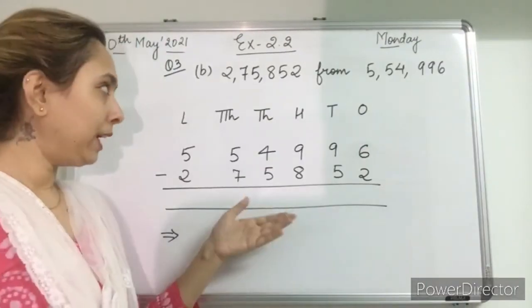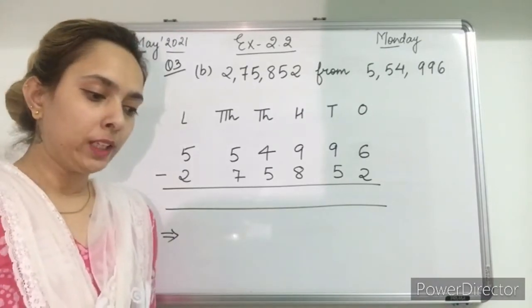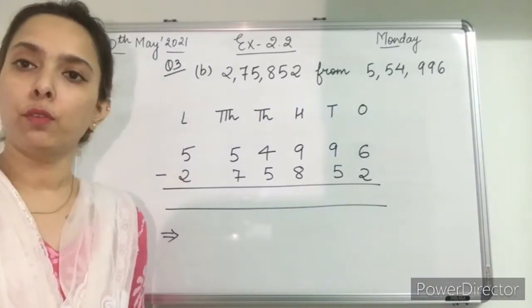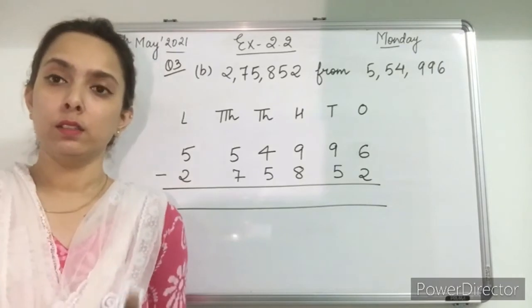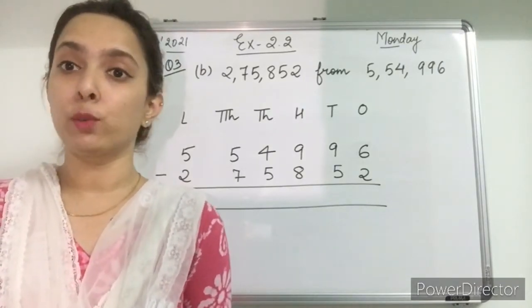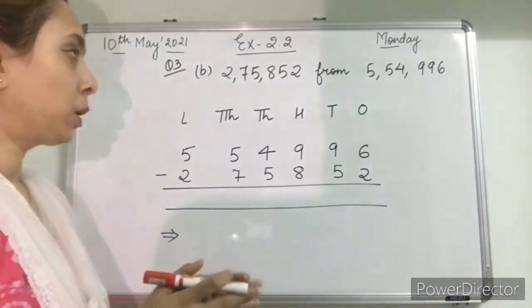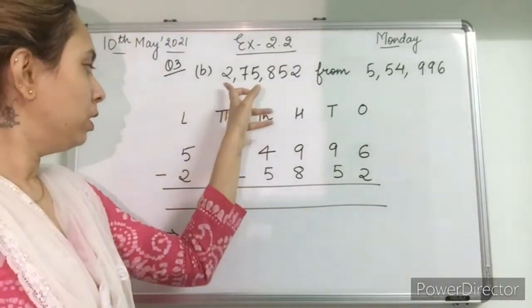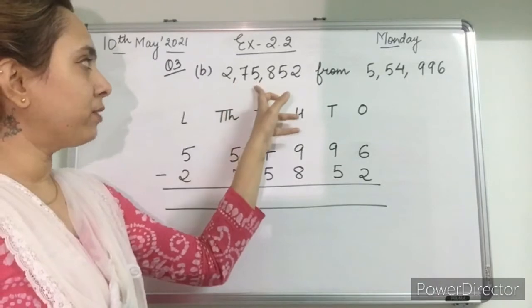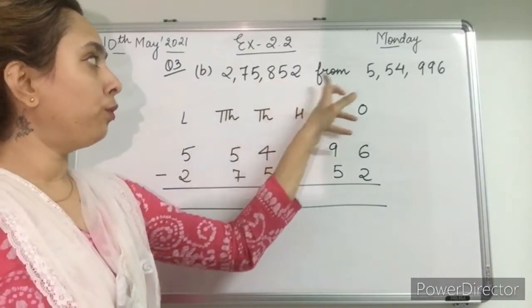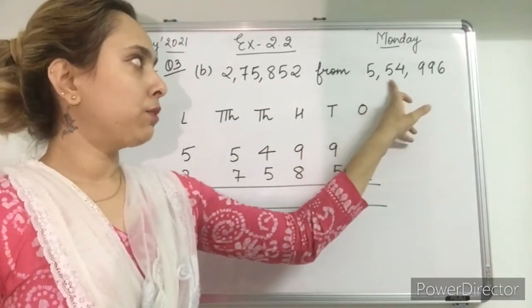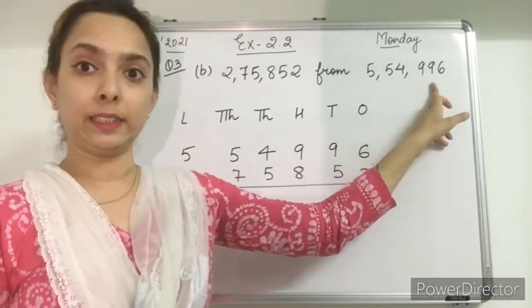Question number 3 is find the differences on subtracting the following. Here it's not mentioned that you have to check. You will only have to subtract. So the question is 2,75,852 from 5,54,996.